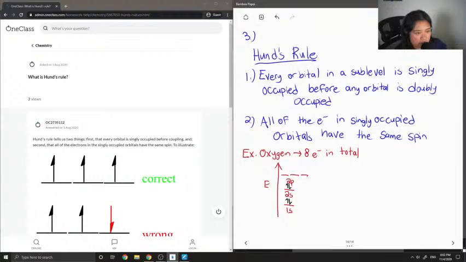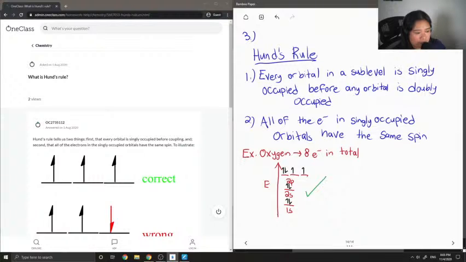And then when we get to the 2p orbital, it's going to be 5, 6, 7. So this is what the rule means when it says all of the electrons in a singly occupied orbital have the same spin. And it also shows that every orbital in a sublevel is singly occupied before any orbital is doubly occupied. So we have the 7 and then 8. So this is the correct way of writing this.